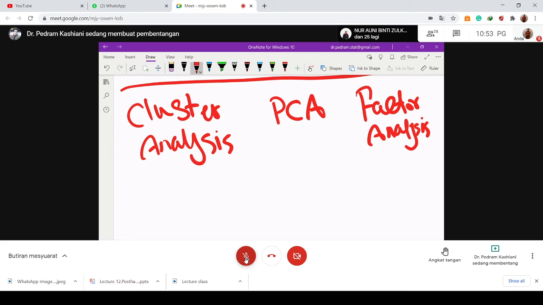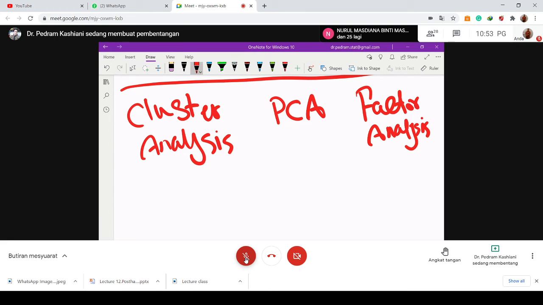So in this case, we use one of these 3 techniques: cluster analysis, PCA, and factor analysis. What I want to do is divide my samples into distinct groups. What is a distinct group? It means the groups are different from each other.